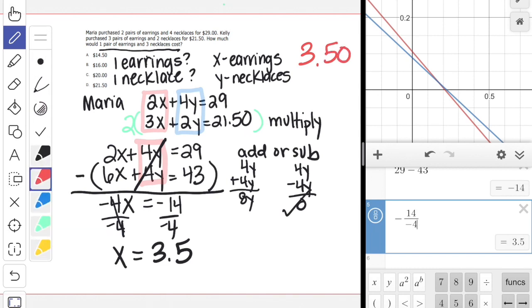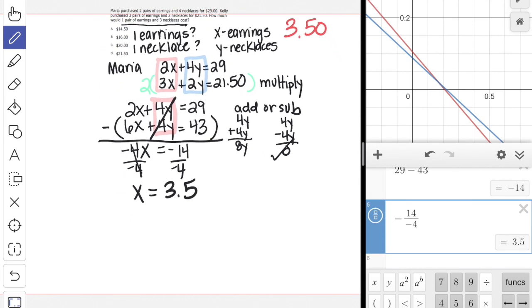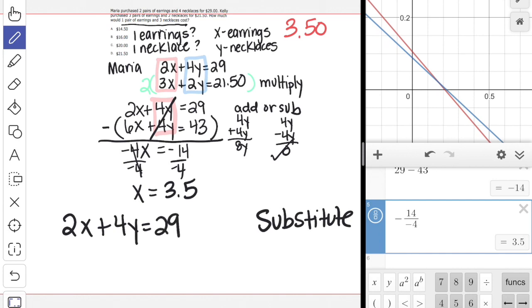But we need to also solve for the y value. We need to figure out how much necklaces are going to cost. So we're going to pick one of the original and we're going to substitute back in. Okay, so I'm going to do 2x plus 4y equals 29. It doesn't matter which one you pick. So I'm going to take what x equals.